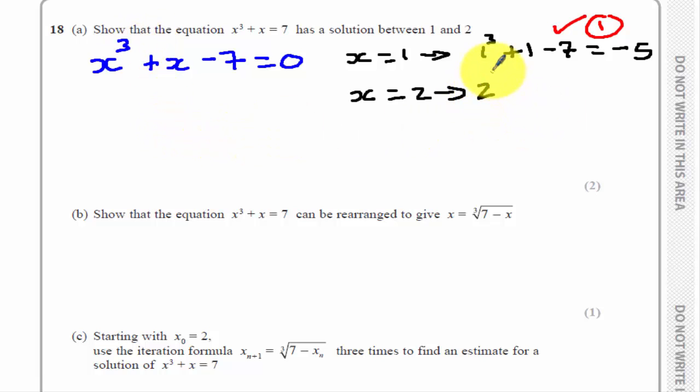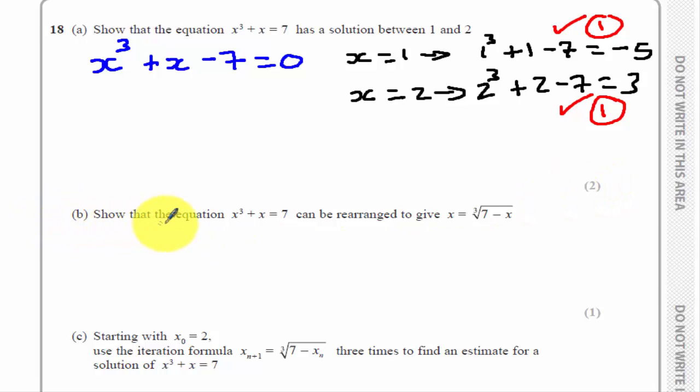I'm going to get 2 cubed plus 2 take 7, or 2 cubed is 8, plus 2 is 10, take 7 is 3. I've now got a positive answer, so I've got a change of sign here, and I've got my 2 marks.